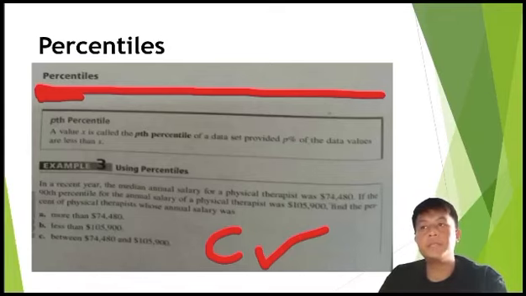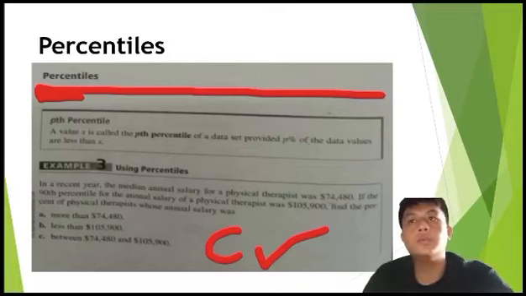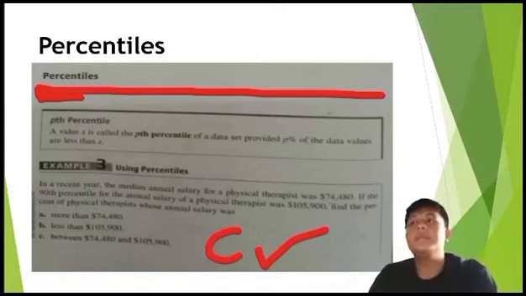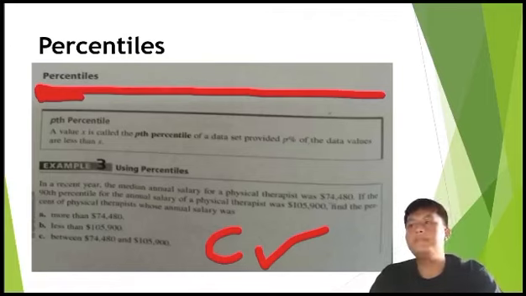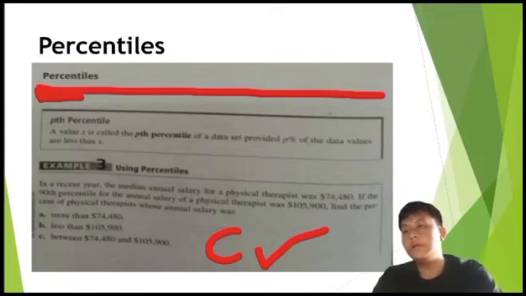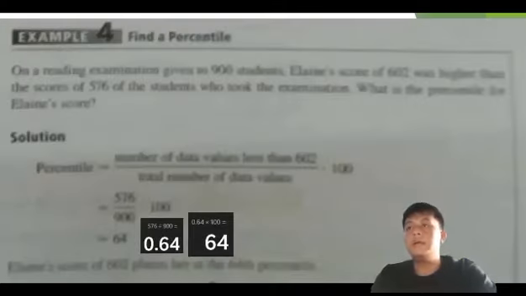And from parts A and B, 90% minus 50% is equal to 40% of physical therapists earn between 74,480 and 105,900. Kaya ang sagot doon is letter C, between 74,480 and 105,900.